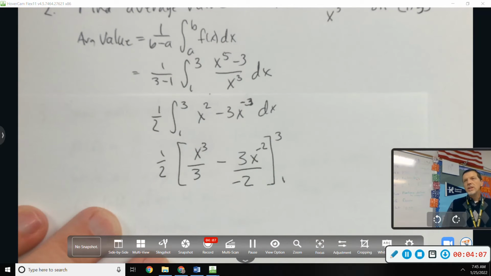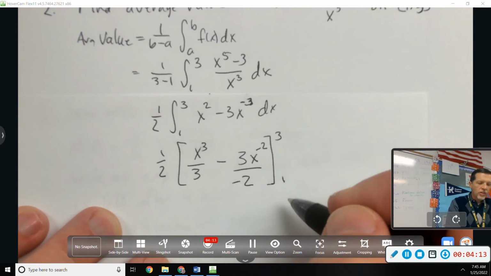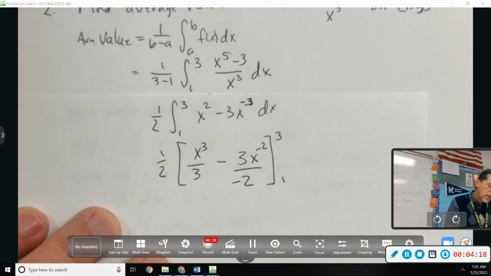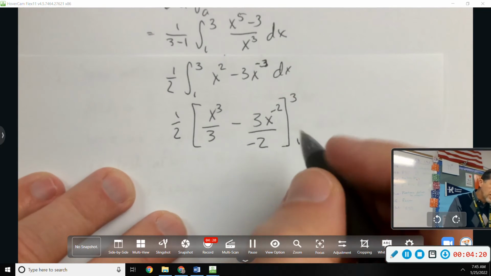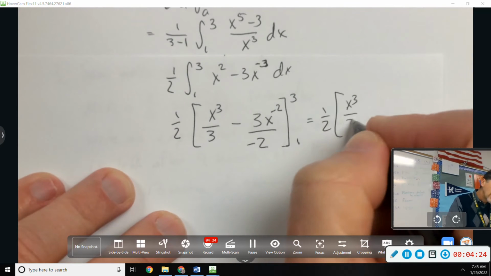Now we're really close to a safe stop here, but this isn't a safe stop because I've still got calculus stuff here. This isn't calculator ready, so I need to plug in the top and plug in the bottom. Do I want to clean this up a little bit first? Maybe, maybe not.